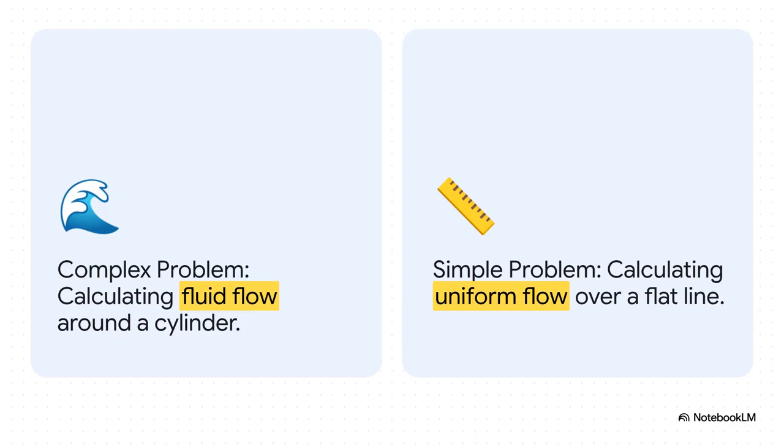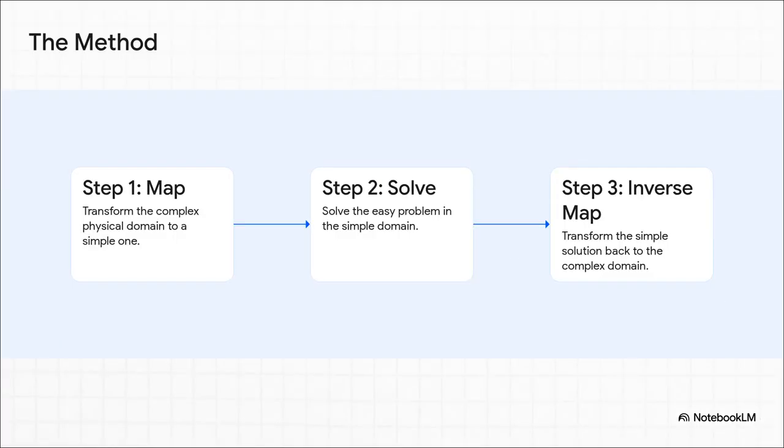And calculating fluid flow over a flat line, well, that's incredibly easy. So it becomes the simple three-step recipe. First, you map the hard problem to an easy shape. Second, you solve the problem there, which is often trivial. And third, you use the inverse of your mapping function to transfer that simple solution right back onto the original complex shape. You've just solved a real-world physics problem using imaginary numbers.